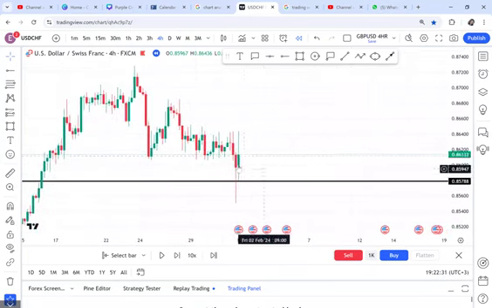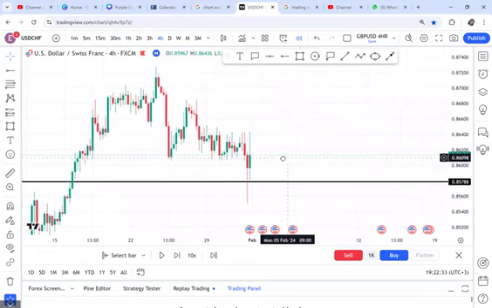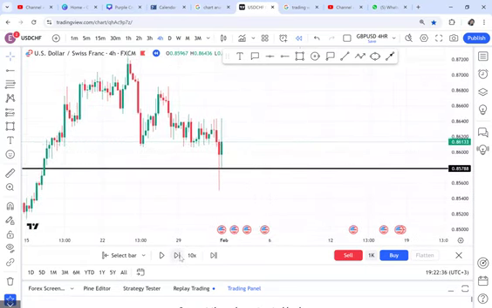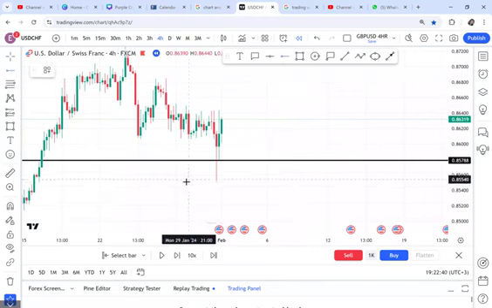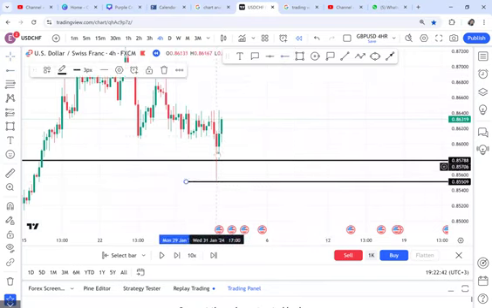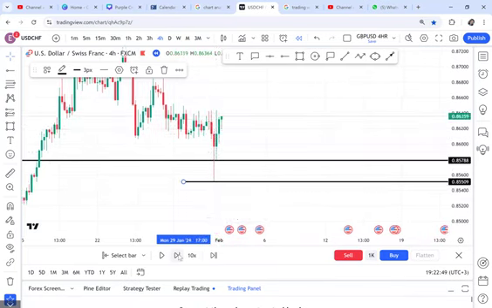The one I have right now, I will not even consider it. I will start looking for a bullish engulf, and my exit is this lowest wick there, the current support. That is my exit. So let's see what happened.